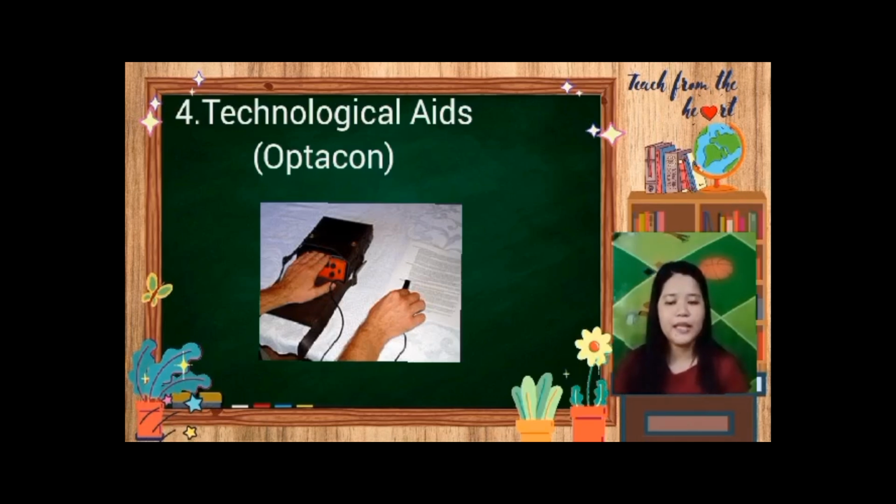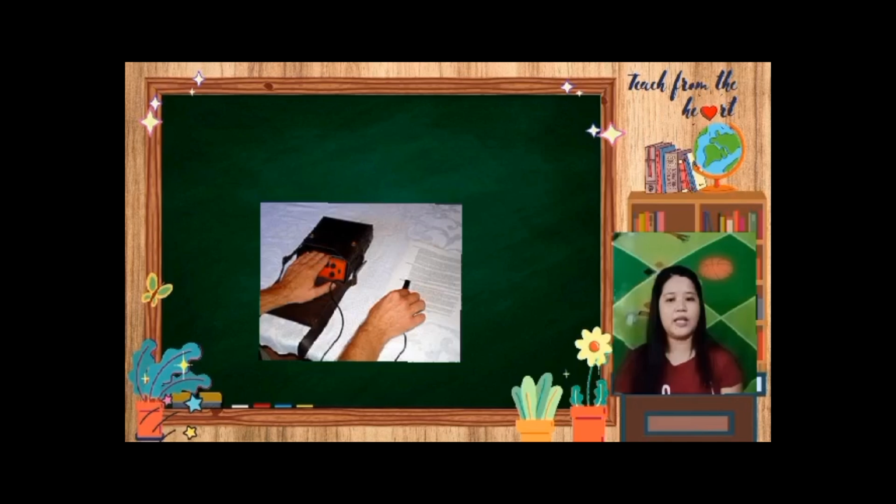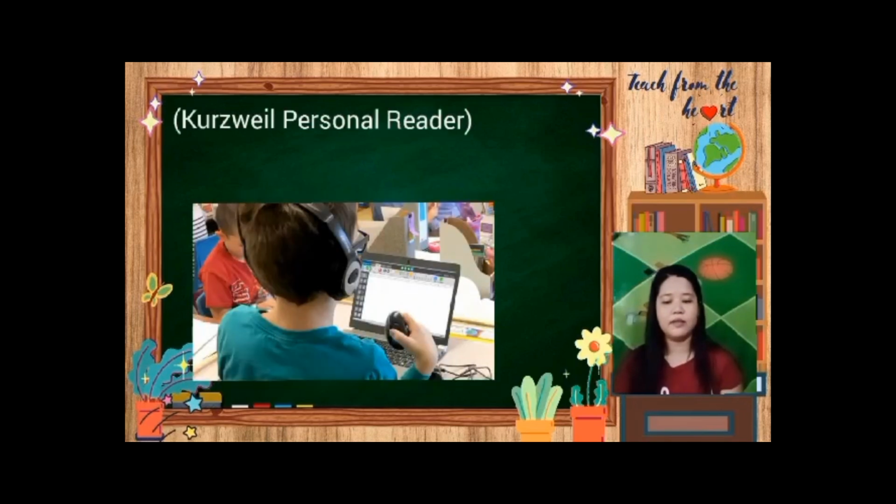The second technological aid is the Kurzweil personal reader, a sophisticated computer with an optical character recognition or OCR system that can read via synthetic voice typeset and other printed matter.